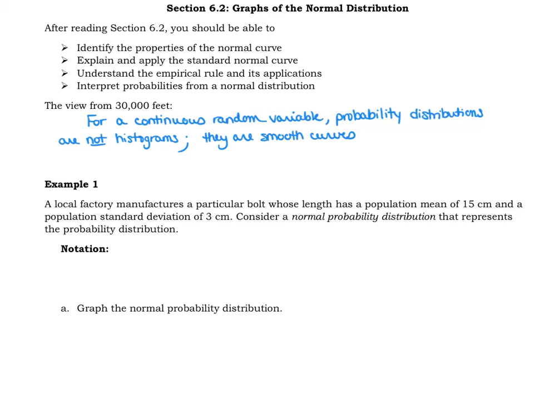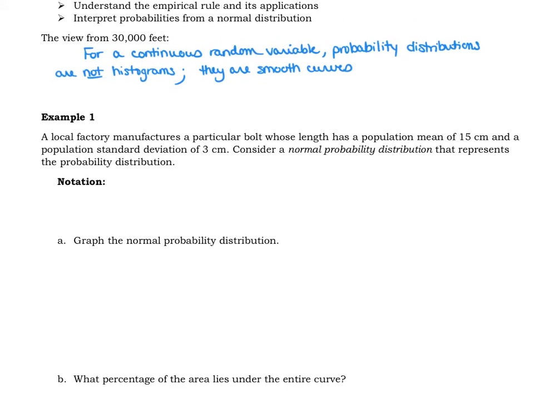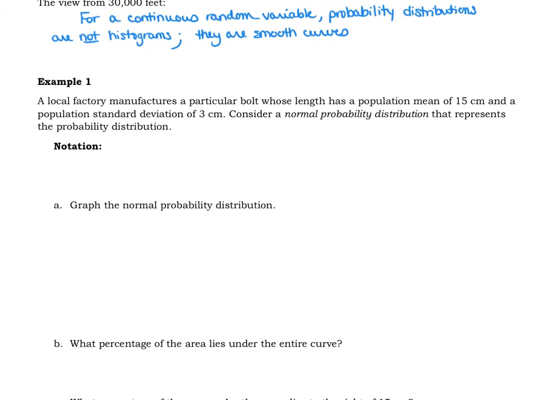Okay, so taking a look at our first example. A local factory produces a bolt whose length has a population mean of 15 centimeters and a population standard deviation of 3 centimeters. Consider a normal probability distribution that represents the probability distribution. So what is a normal probability distribution? First let me define that.